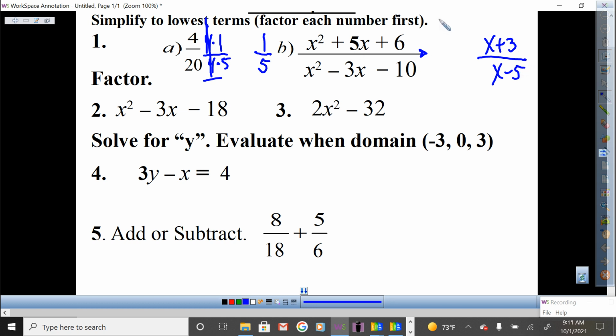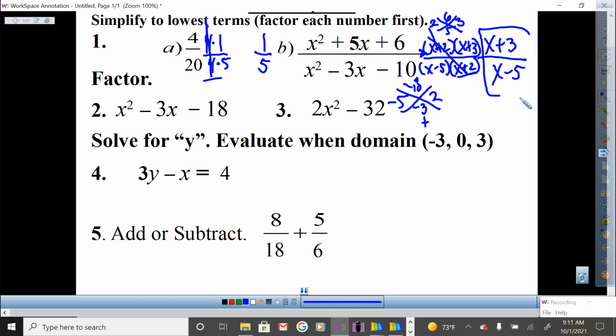So factor this one. 6 and 5. It's 2 times 3, yes? So my factors are x plus 2, x plus 3, over, we got 10, -10, -3. What factors of -10 add up to -3? -5 and 2, yes? So x minus 5, x plus 2, giant 1, and that leaves us with that.